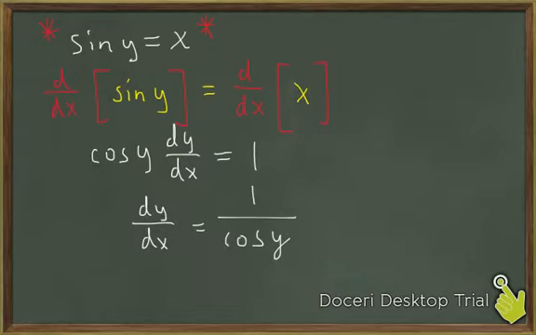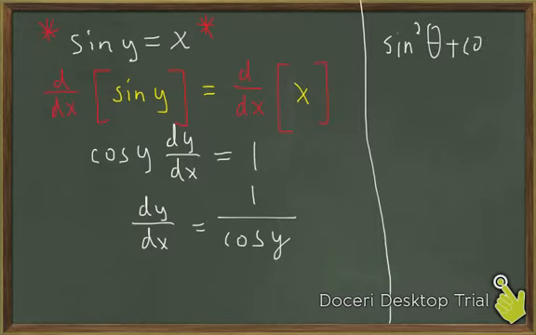From your trig class, you should have been given the Pythagorean theorem, a very important theorem in trigonometry. The theorem says that sine squared theta plus cosine squared theta equals 1.